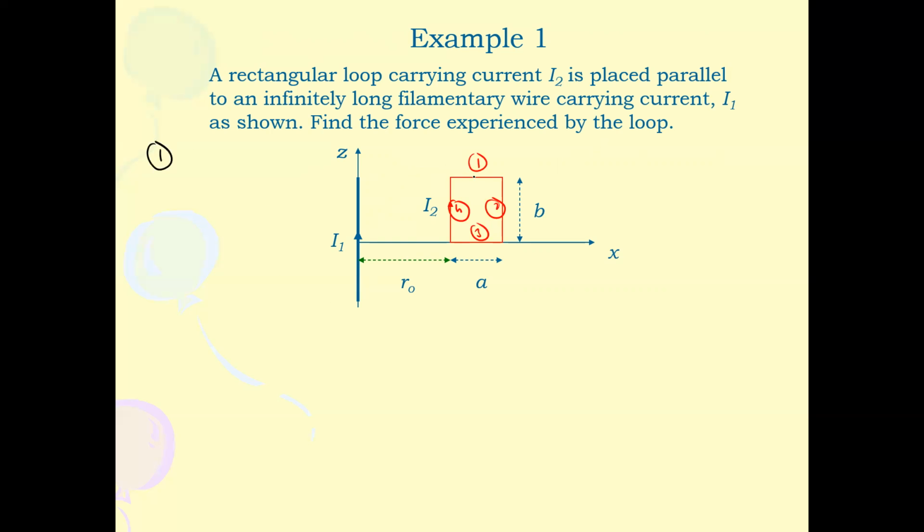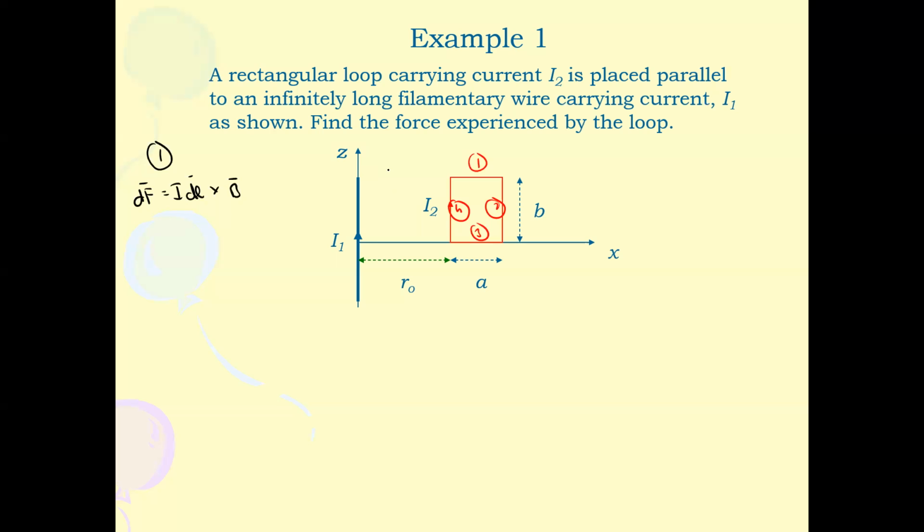For side number 1, because this is related to the filament current, we can still use the equation for the force element, the force exerted on the filament current element. So we have dF vector equals I dl vector cross B. That should be the equation used in this case.